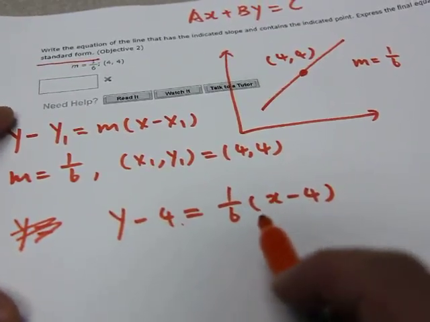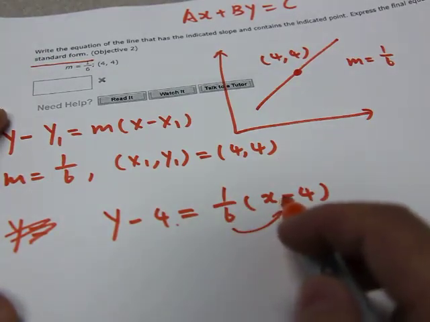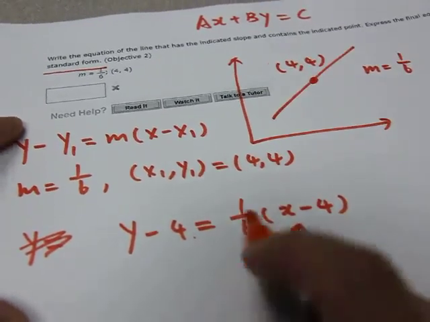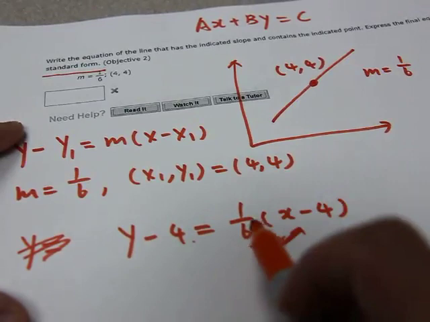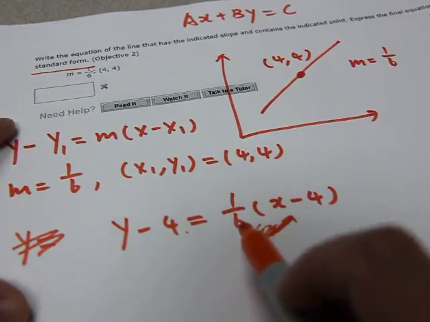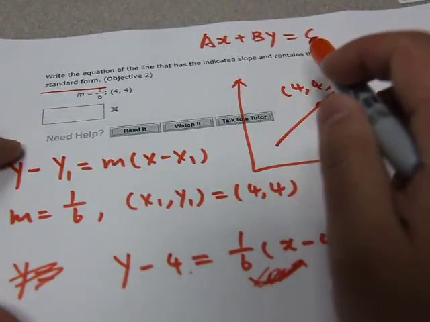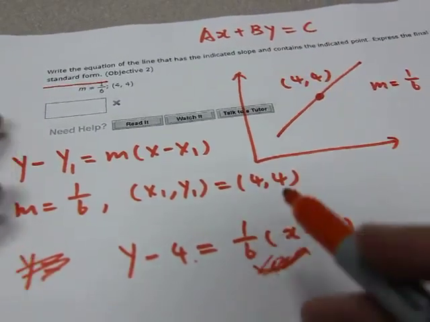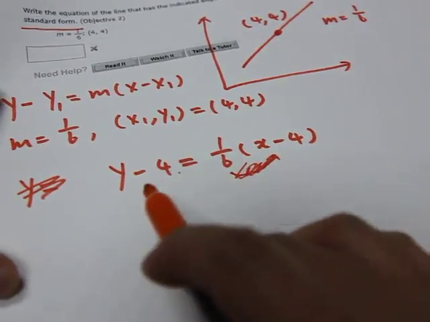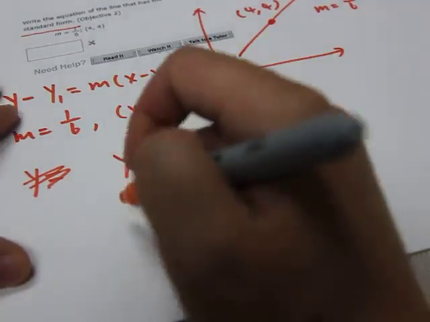So the first step we can do is distribute 1/6 into x minus 4, or what we can do is, because this slope is a fraction, 1/6, and we know in the standard form every number has to be an integer, another thing we can do is multiply both sides of the equation by 6.